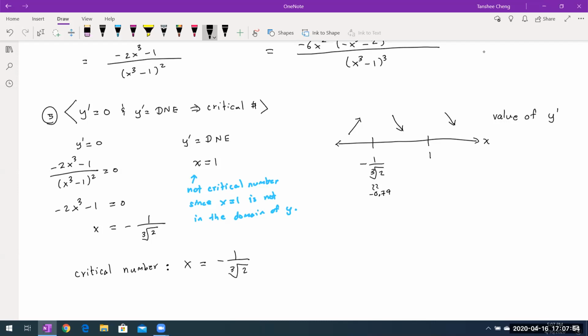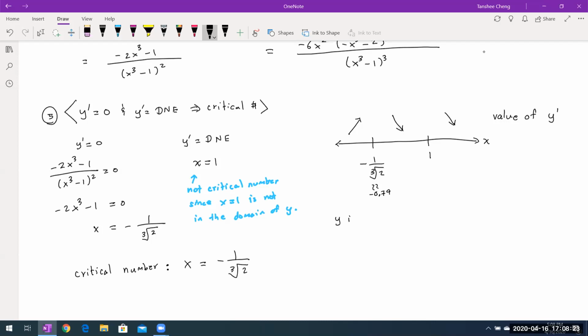And then we need to put in the vertical asymptote or the DNE part, so that I can check my values of y prime in each interval. When you pick a number in each interval and test it, you get increasing here and decreasing between negative 1 over cube root of 2 and 1, and decreasing anything beyond positive 1. So now I can answer my number 5 questions.